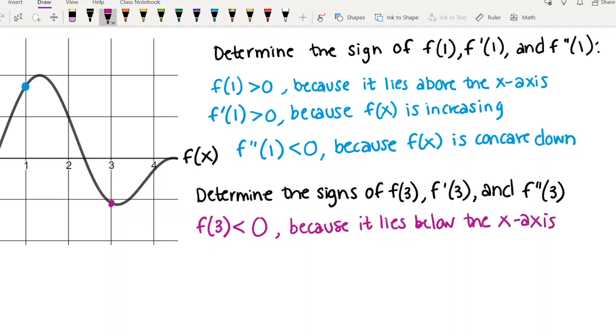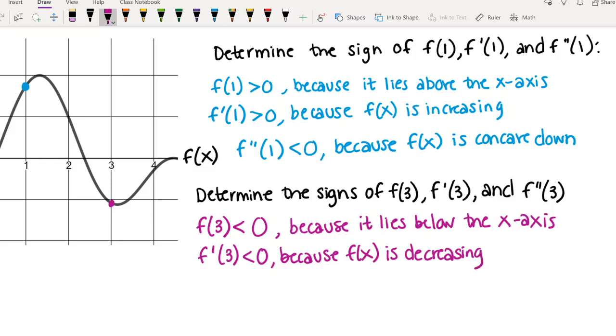Okay, what about the first derivative, so f prime of 3? Well, in this case, the function is decreasing. The slope of the tangent line would be negative. So that would tell us that the first derivative is negative, because f of x is decreasing at that particular x value.